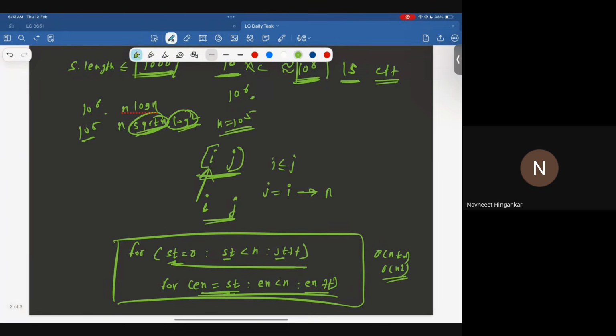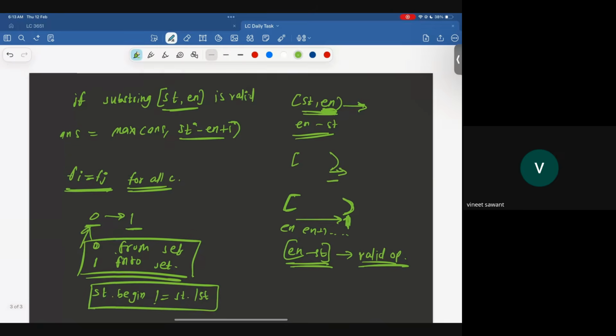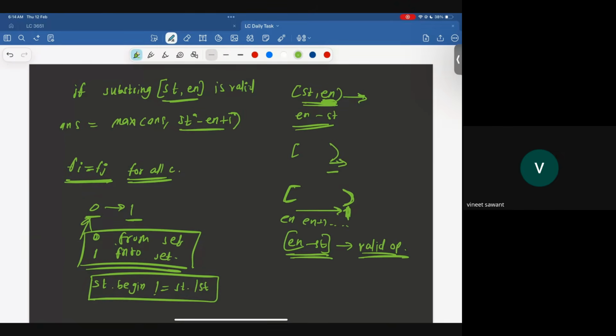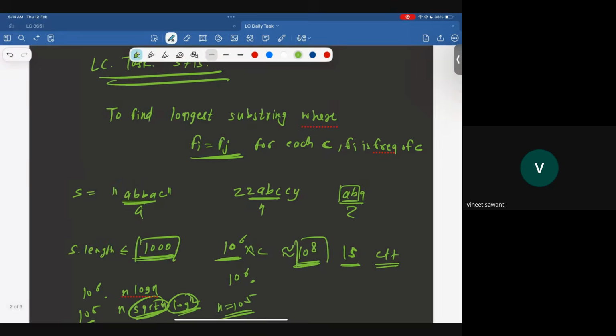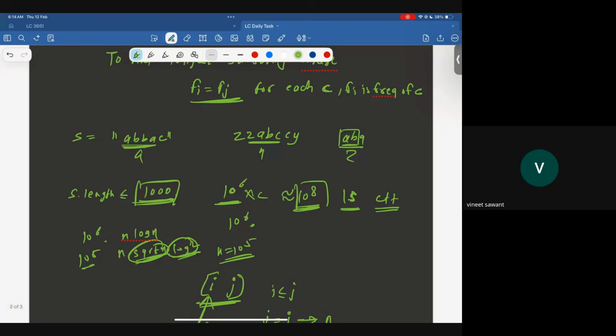So the thing you have written is 10 power 6 and 10 raised to 5. Those are just constraints, like LeetCode is providing them to verify your logic.